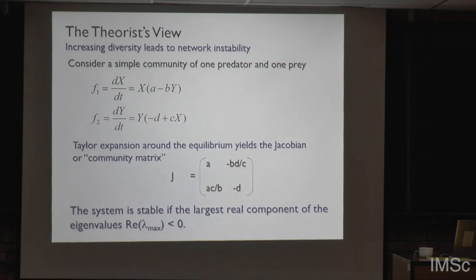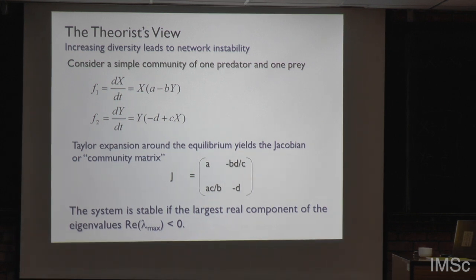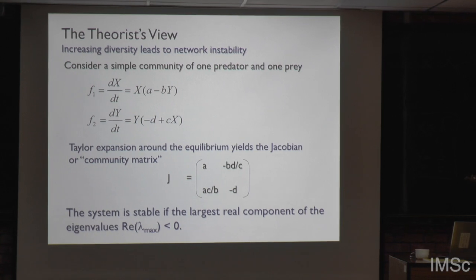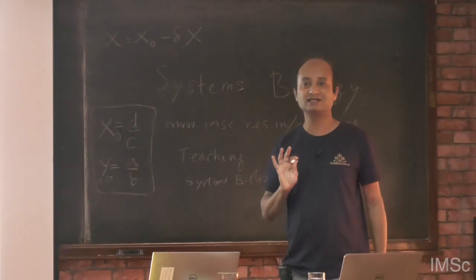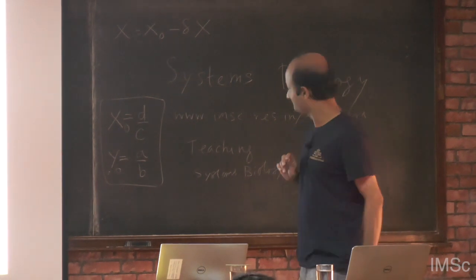Will this perturbation quickly decay back to 0, so that you again go back to x naught, or would the perturbation keep growing and eventually you are completely kicked out of this equilibrium? That essentially is what stability is all about.